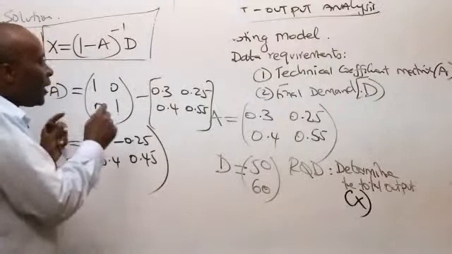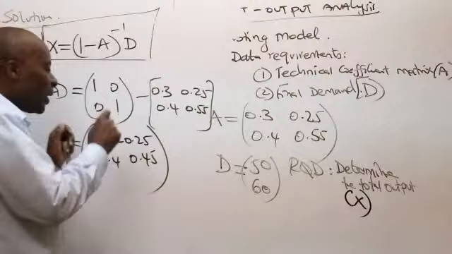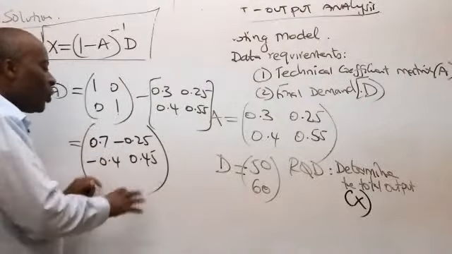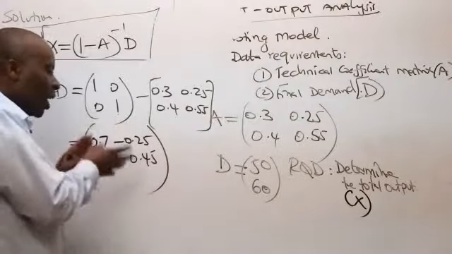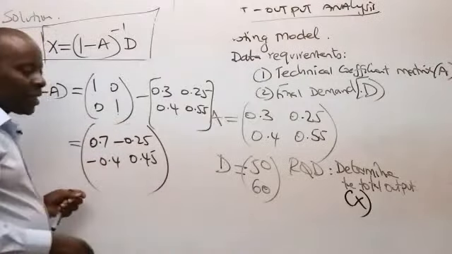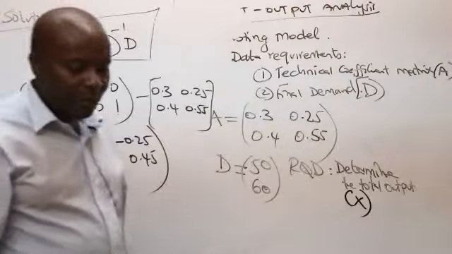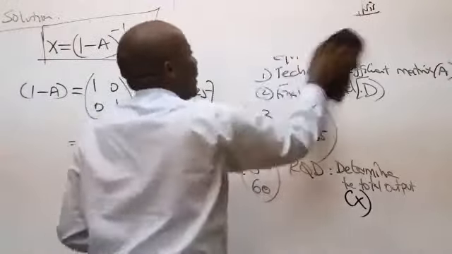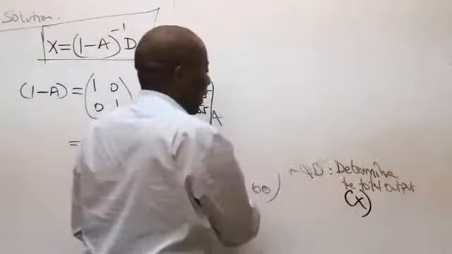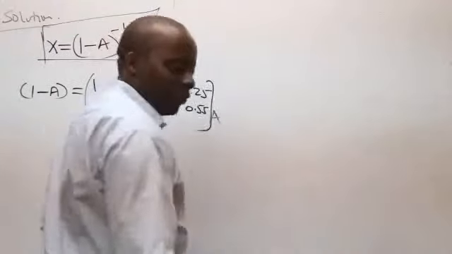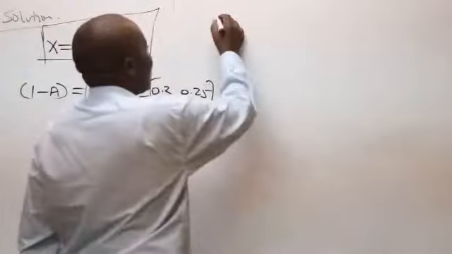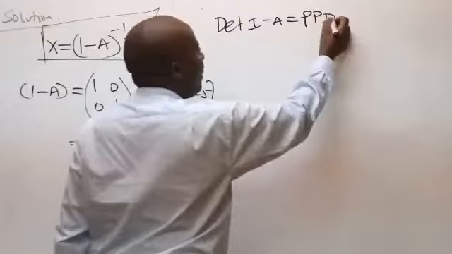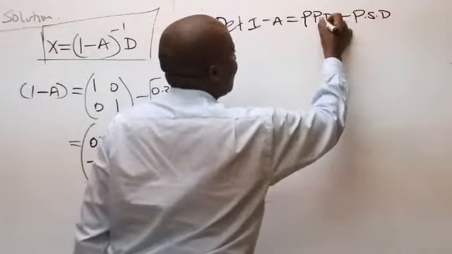So if that is the case, ladies and gentlemen, I would want you to do me a favor. In the inversion spirit, I would want you to give me the determinant of I minus A. Please come here and give us the determinant of I minus A. Remember, it is PPD minus PSD.